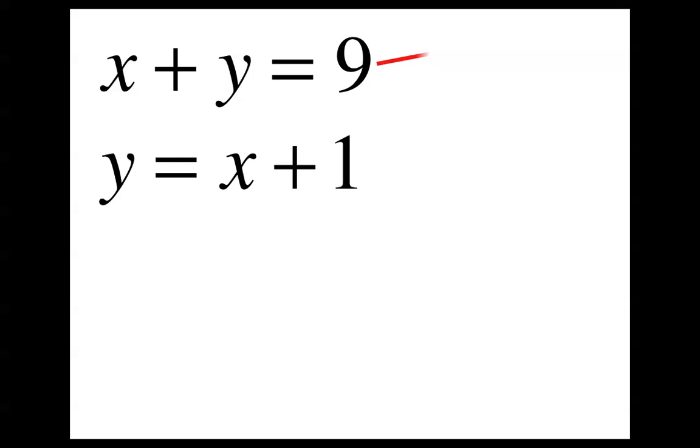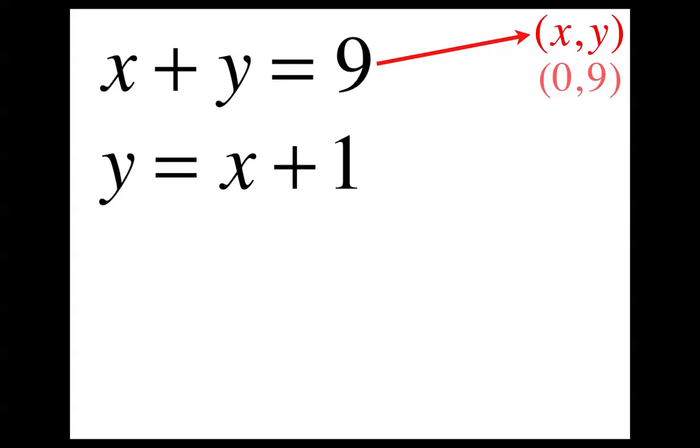Okay, now what if we had to actually figure out what x and y equal here? Well, I could take the first equation, and I could figure out some ideas of what x might be and what y might be. For instance, maybe x is 0 and y is 9. Hopefully you understand the parentheses there. I'm just using that to give an example of what x and y might be. They might be 0 for x and 9 for y.